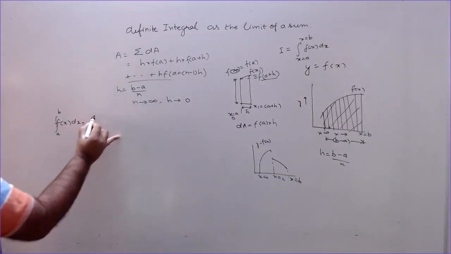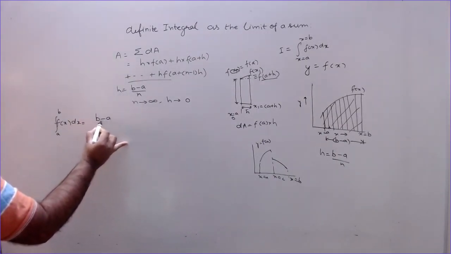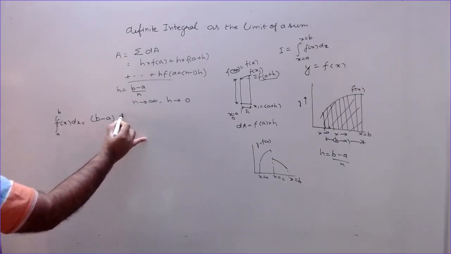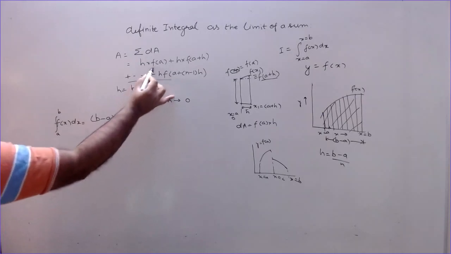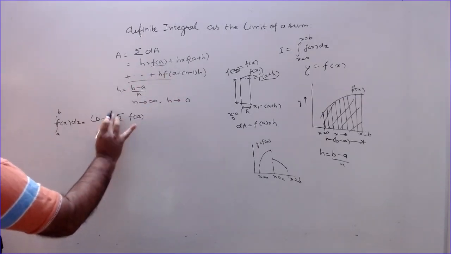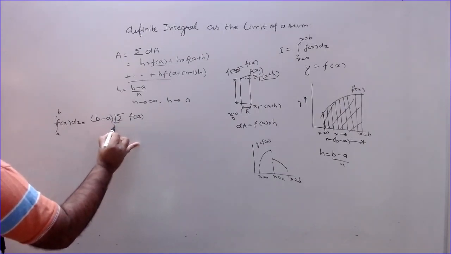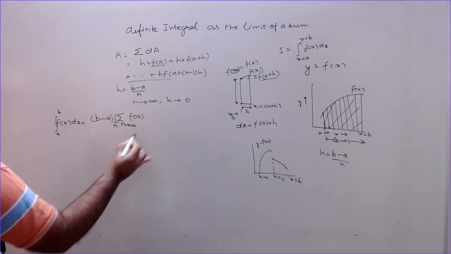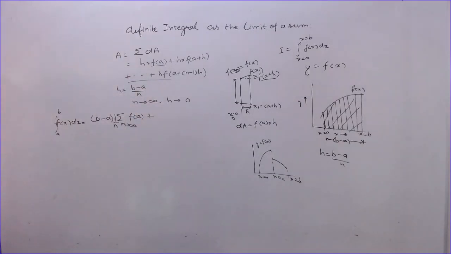So h is given by (b minus a) divided by n, and b minus a is a constant, so I can write this as summation of f(a), and here I should write into 1 by n, where n tends towards infinity. f(a) plus second term is f(a plus h), and so on. We will continue with this.